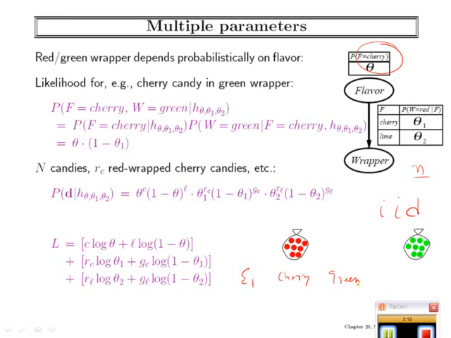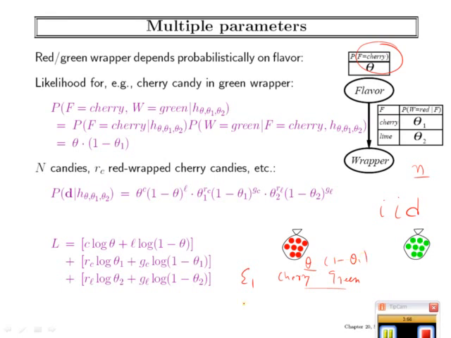The probability that such an example occurs given this network is theta for the cherry, times, if it was a cherry, the probability that you would use a green wrapper. If it's a cherry, the probability of a red wrapper is theta 1, so green wrapper would be 1 minus theta 1, because it's one of those two. So for this example it will be theta times 1 minus theta 1.